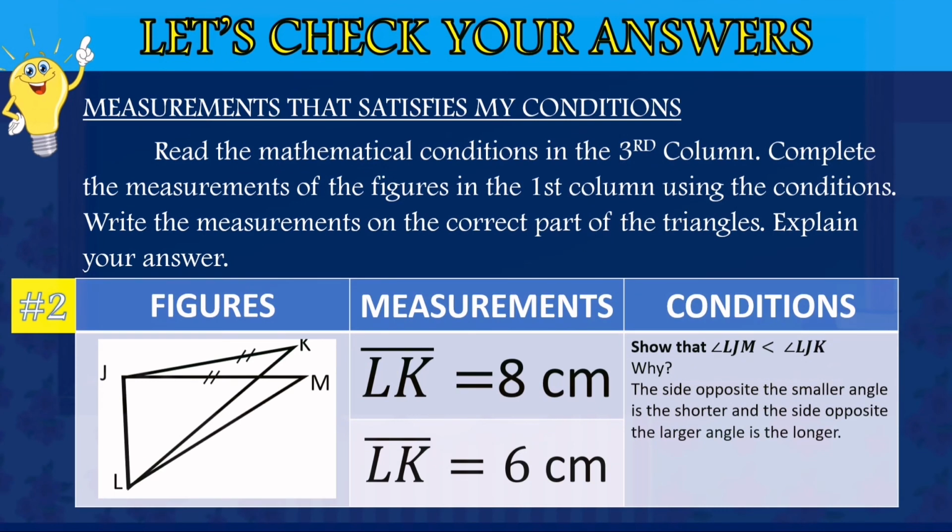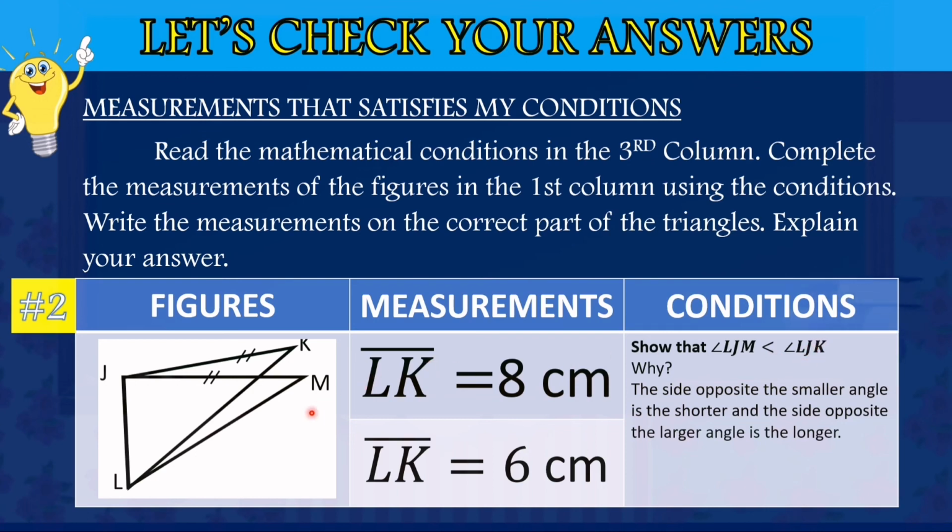Number 2. So what side measures 8 centimeters? It's LK. It's because the given condition is show that LJM is less than LJK.